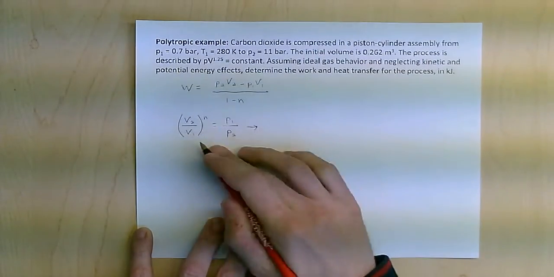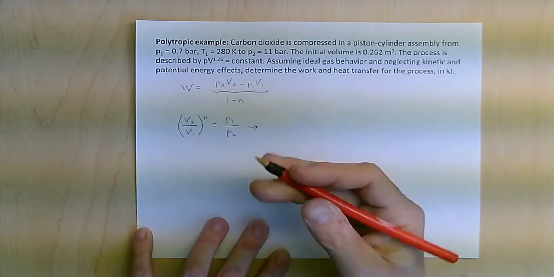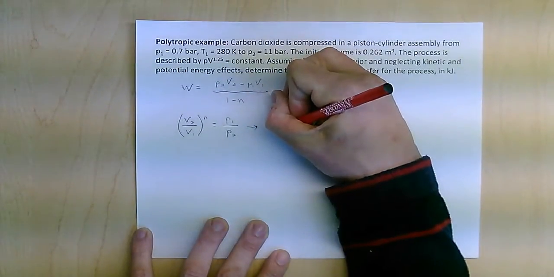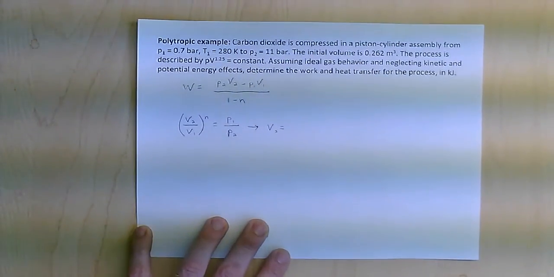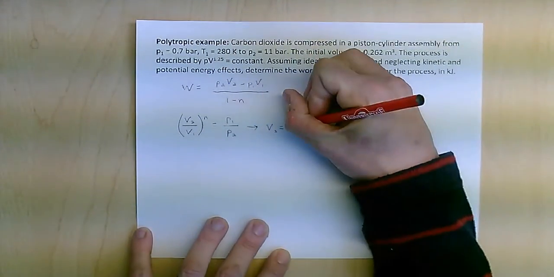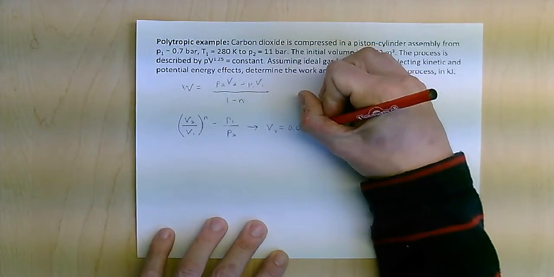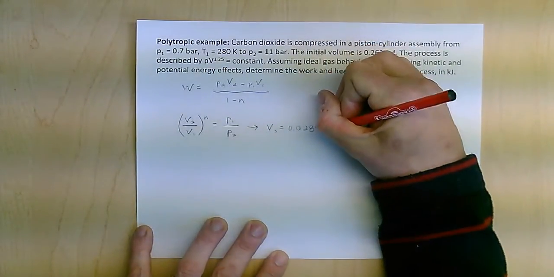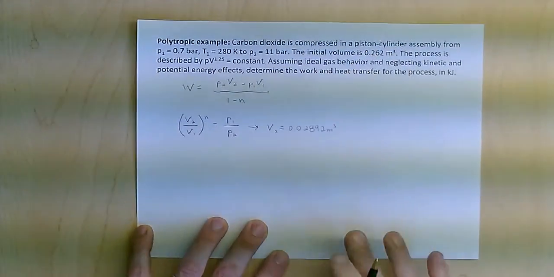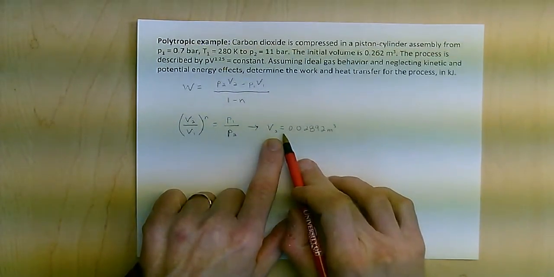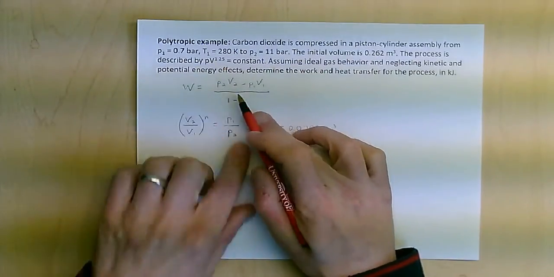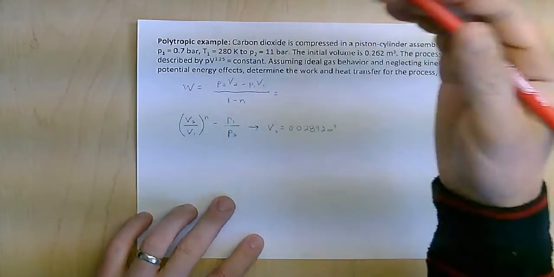So from this equation, I can plug in the numbers and calculate V2, and I find that V2 is 0.02892 cubic meters.